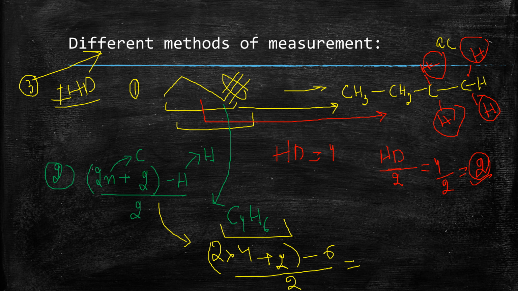We get 2 into 4 is 8, plus 2 is 10, minus 6 is 4, divided by 2, which is equal to 2. Again, here we have got 2, and here we have got 2. This is the second method of measurement of index of hydrogen deficiency.